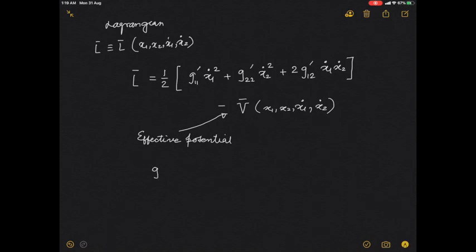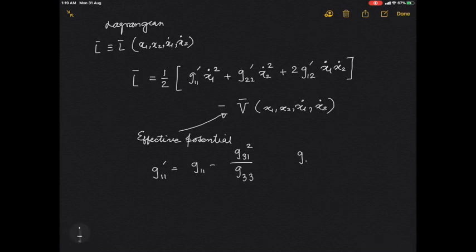And for these G11 primes, etc., let me just write one of them. So this is G11 minus G31 square by G33. Let me write G12 prime because that we will discuss a little bit. It is G12 minus G23 G31 by G33.